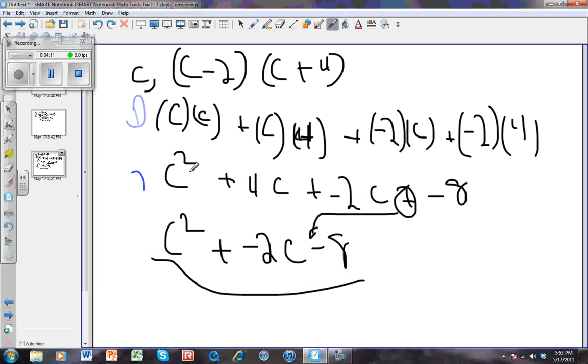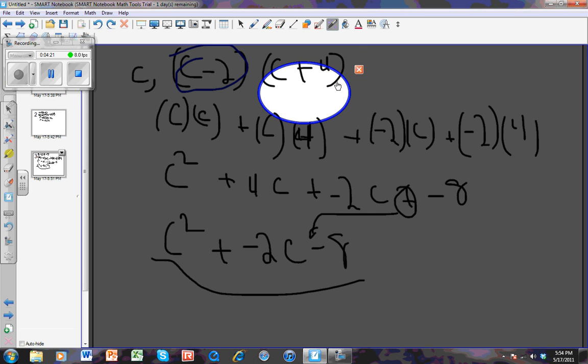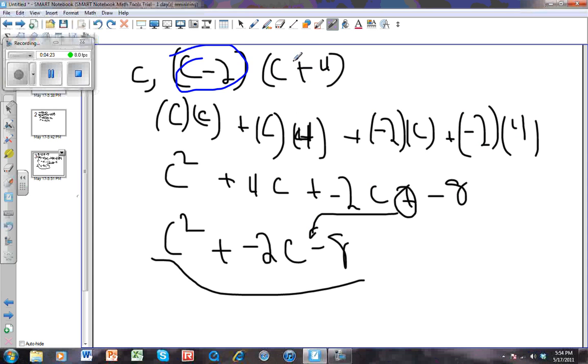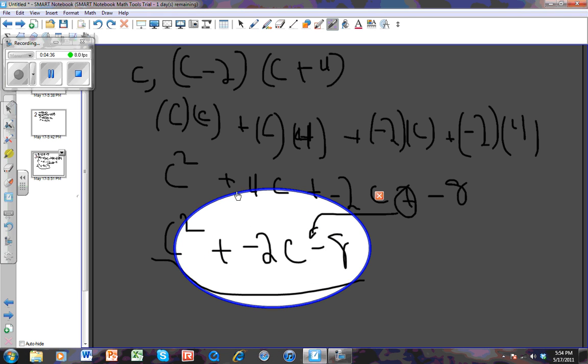Okay, so the answer, it's C minus 2 and C plus 4. The final answer is C squared plus negative 2C minus 8. Hold on. Yeah, done.